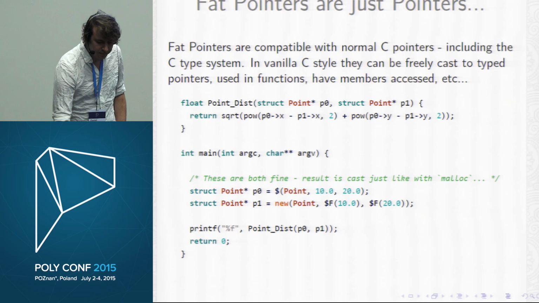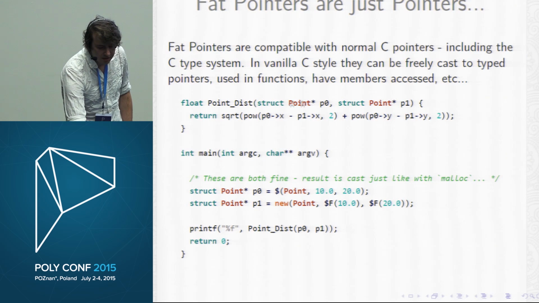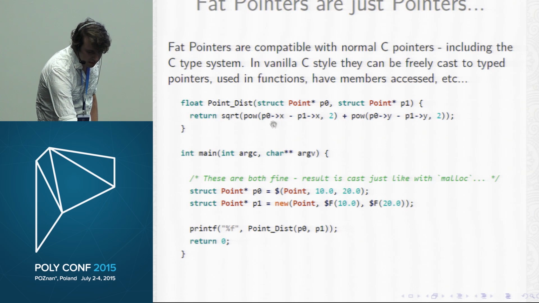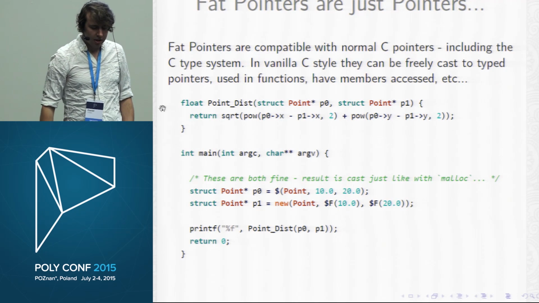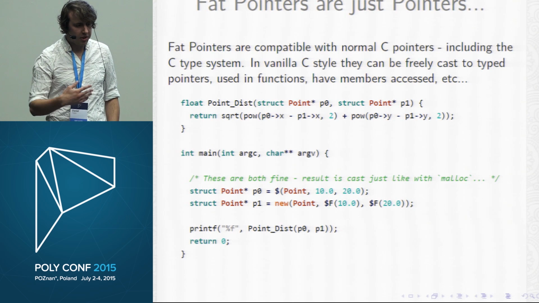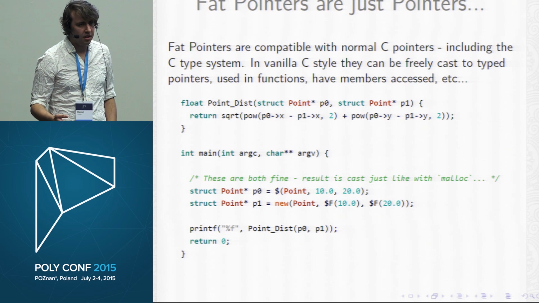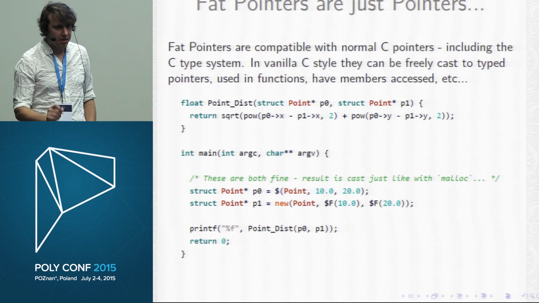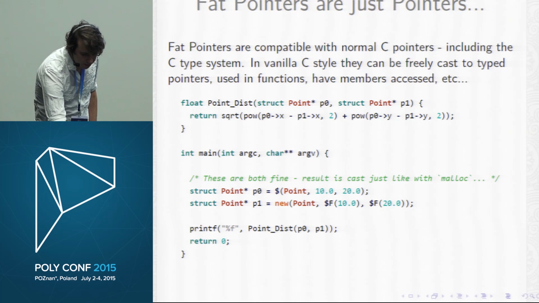It's not a problem. And you can pass them to functions which just expect normal C structures, and you can access their members and all of these different things. So basically, you don't have much to lose by making these objects into fat pointers and having this extra bit of information at the beginning.